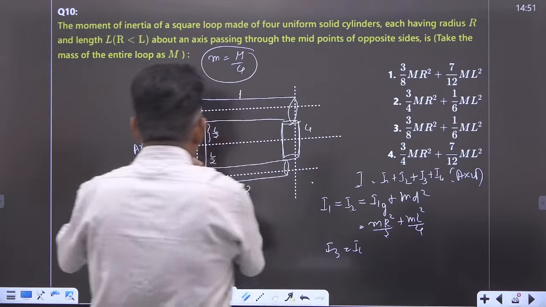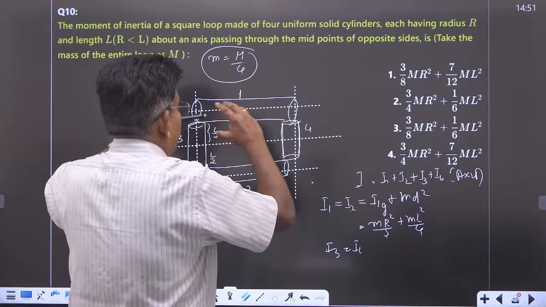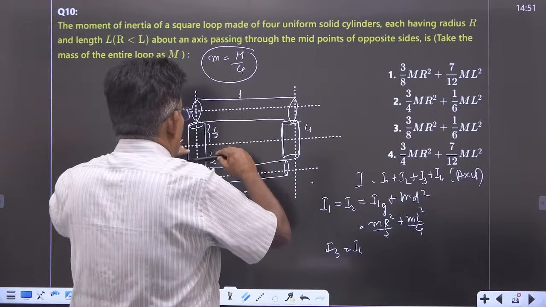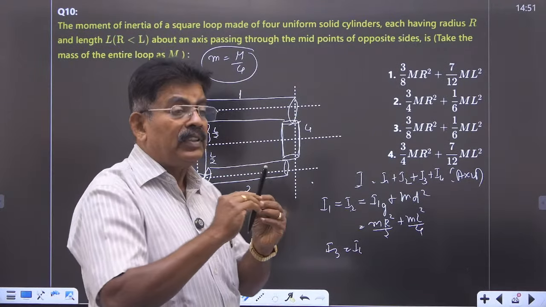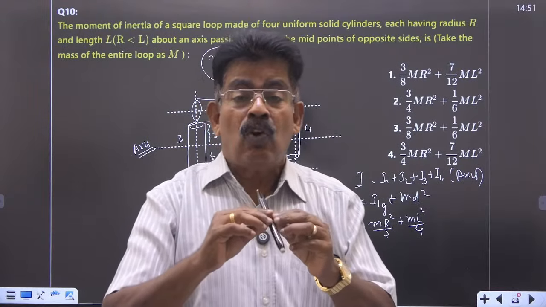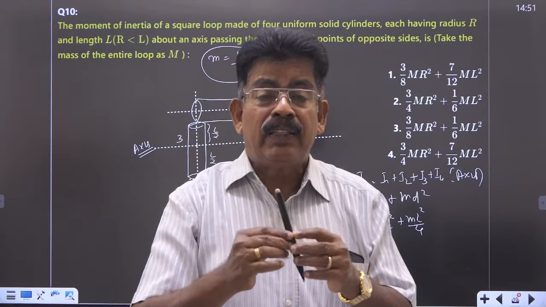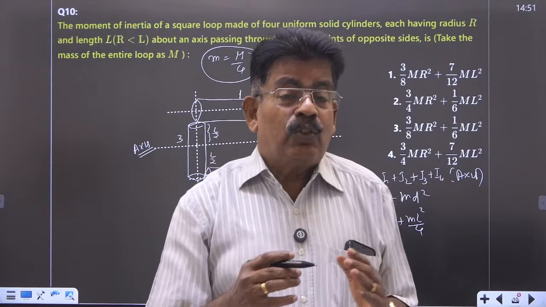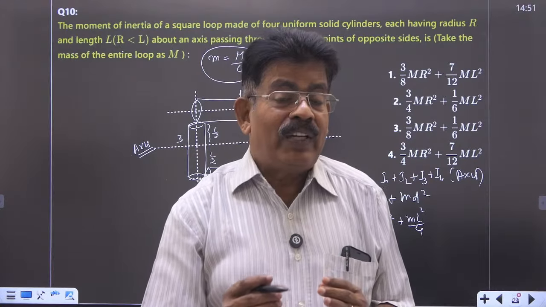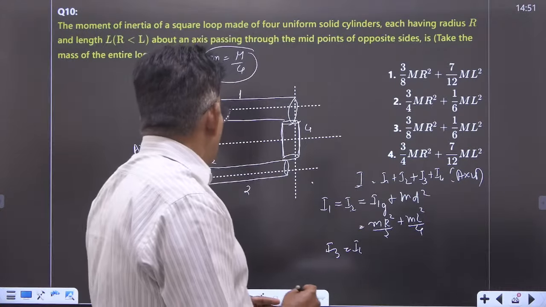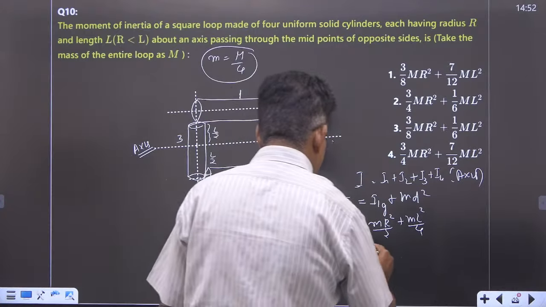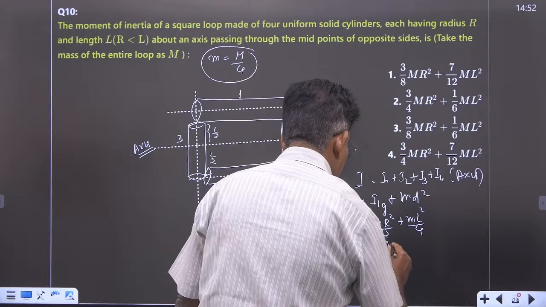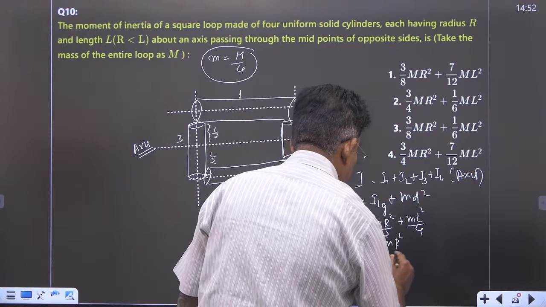When you are rotating the whole arrangement, this rod is rotating about an axis passing through the center and perpendicular to its length. We have a disc rotating about a diameter. What is that? M r squared by 4.